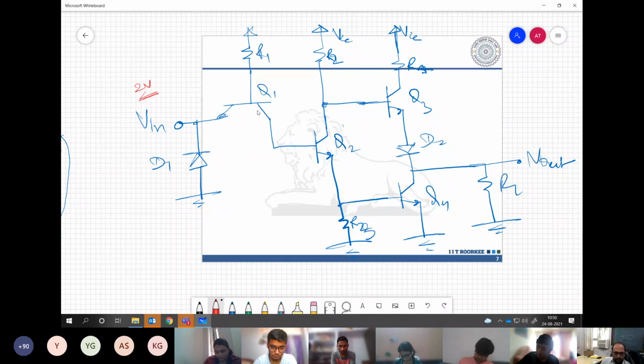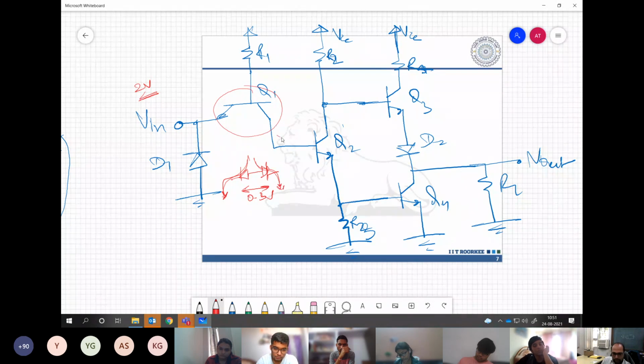Now see, when you consider this transistor in this form, there is a possibility that this junction may also break down. The only problem is when this junction breaks down, the voltage will be dropped to 0.3 volts. And when this junction is broken down, it means there is current flowing into Q2 and Q2 is turned on.